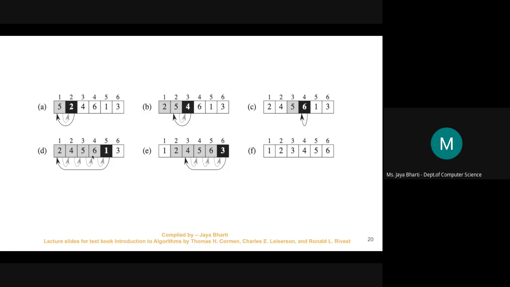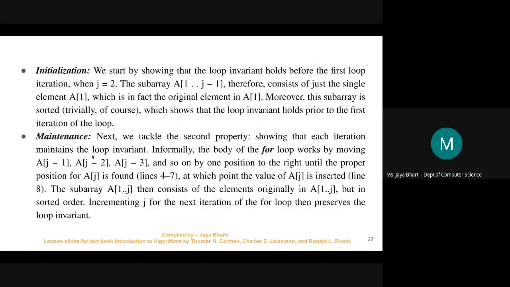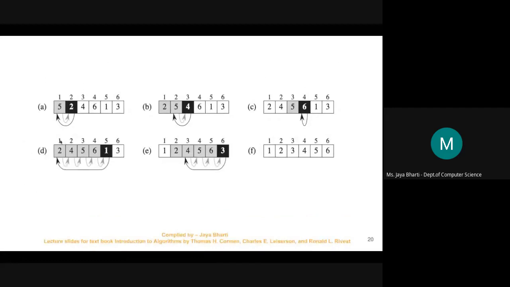So this is not the correct algorithm. So we cannot say the maintenance loop variant is maintained. So that algorithm will be incorrect. But now we have checked that the elements in the 1 to 5 are same after the iteration. So the loop invariant is maintained.